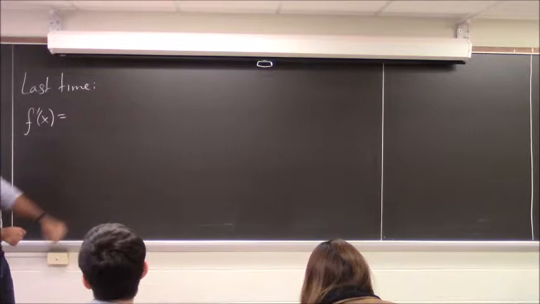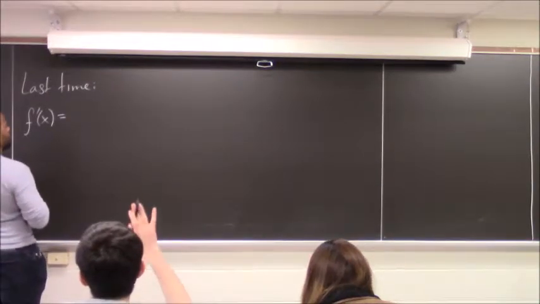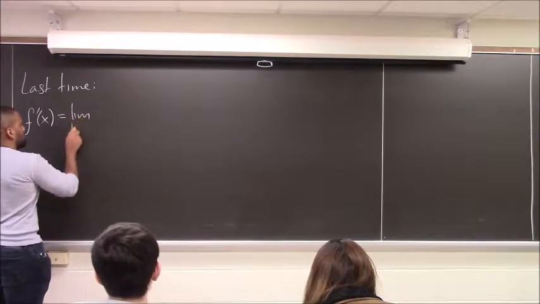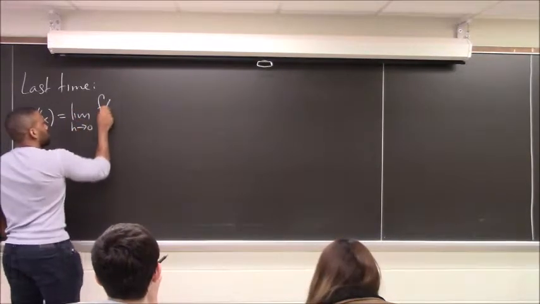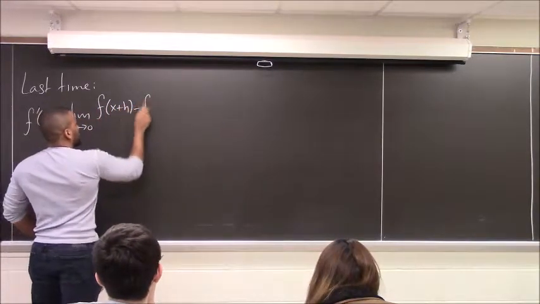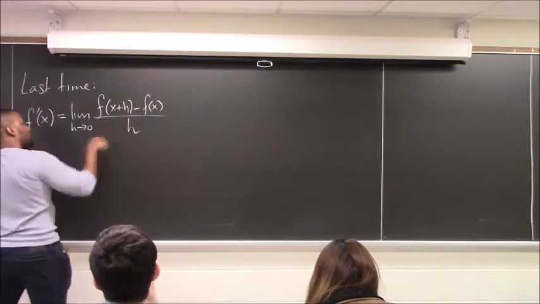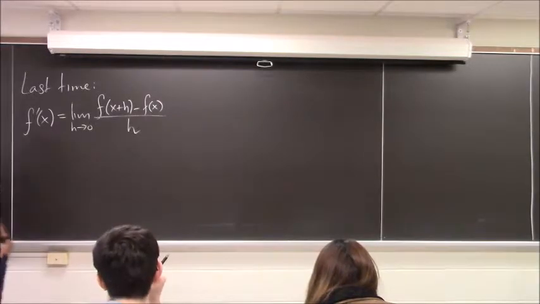What was the definition that we had here? Yeah. The limit as h goes to 0 of f of x plus h minus f of x over h. Okay. So it's the difference quotient, and we're taking a limit as the denominator goes to 0.